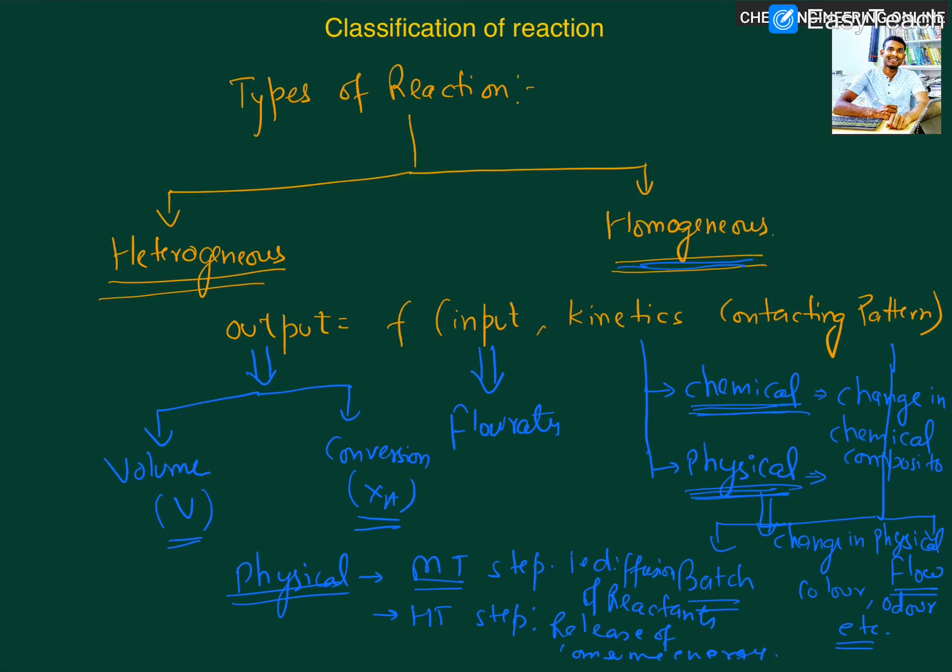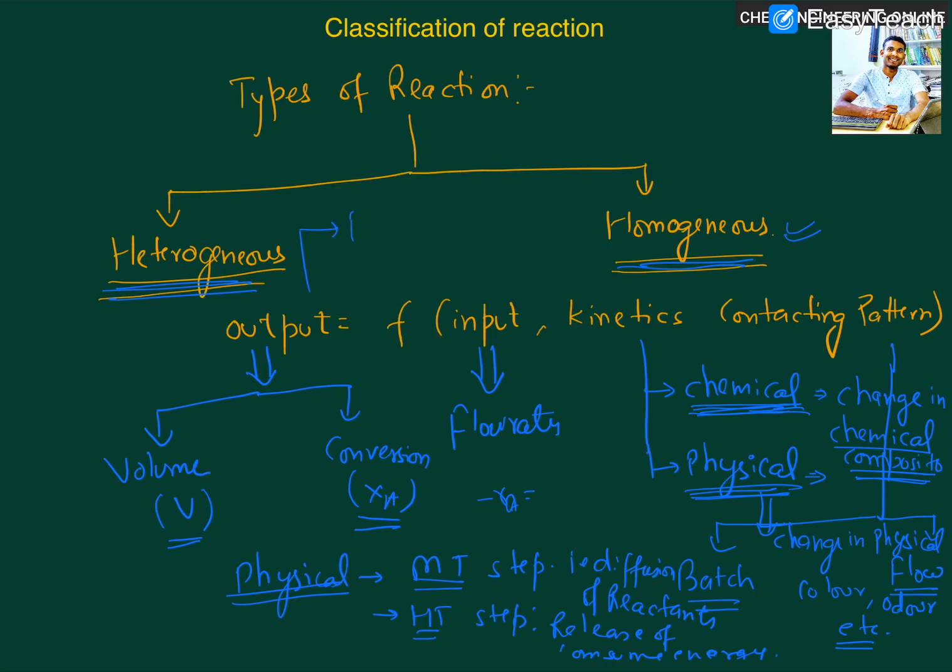So when there is a physical step involved, that is mass transfer or heat transfer, the kinetics is said to be heterogeneous. But when only chemical reaction, that is rate of reaction, change of concentration, chemical kinetics is change of chemical composition, that is change in concentration, only then it is called homogeneous.